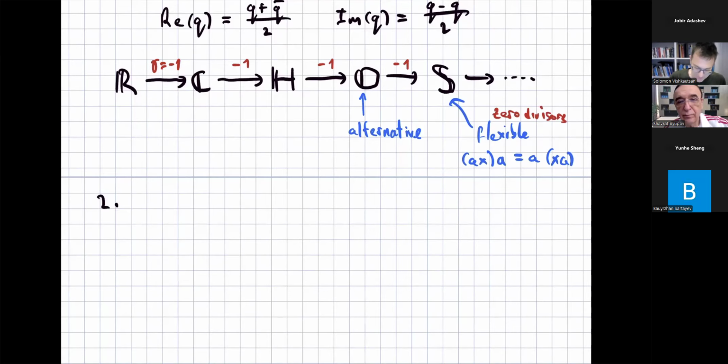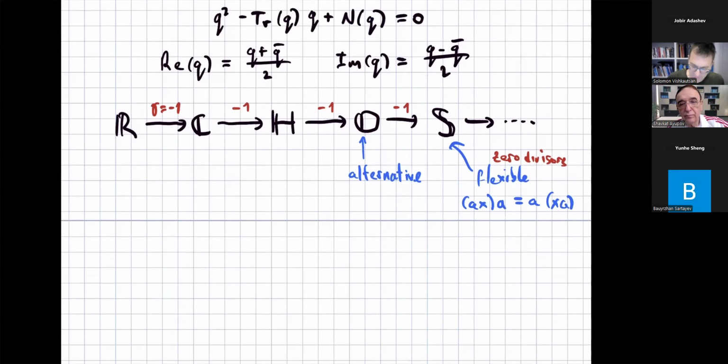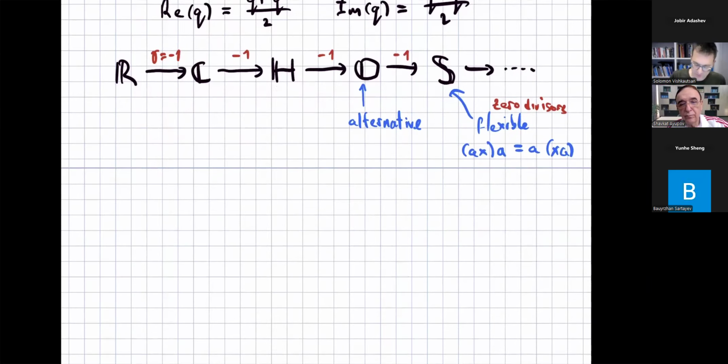Oh, and one final thing I wanted to say is that if our norm form is anisotropic, then elements have inverses.